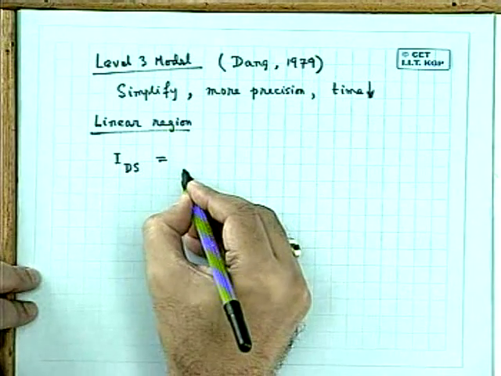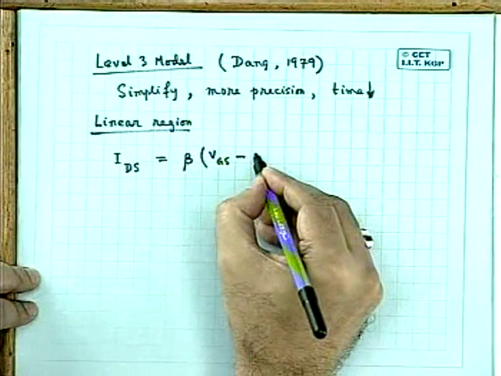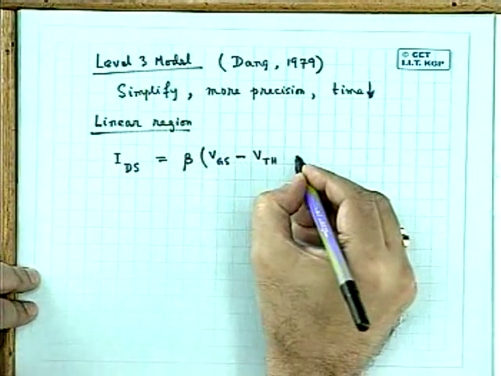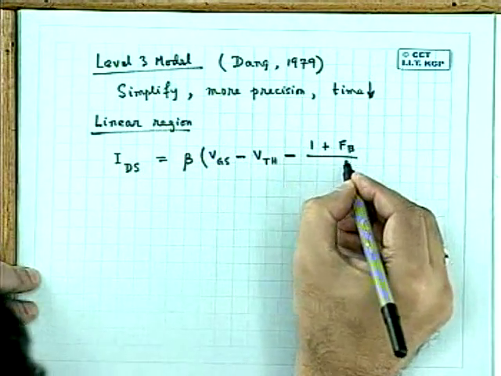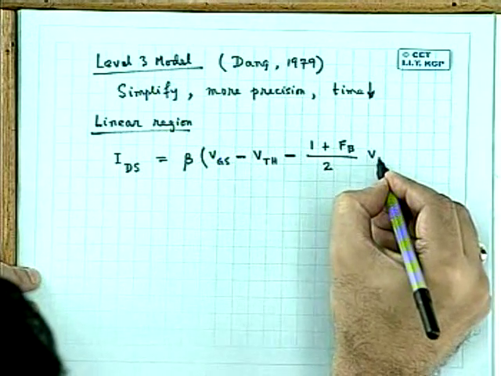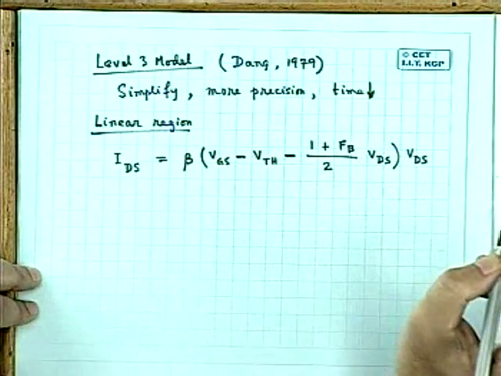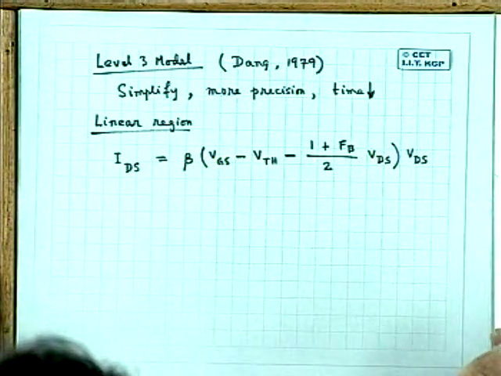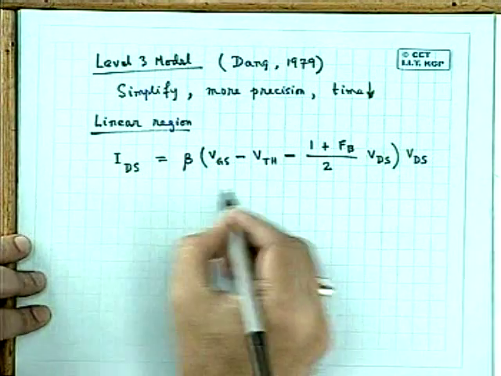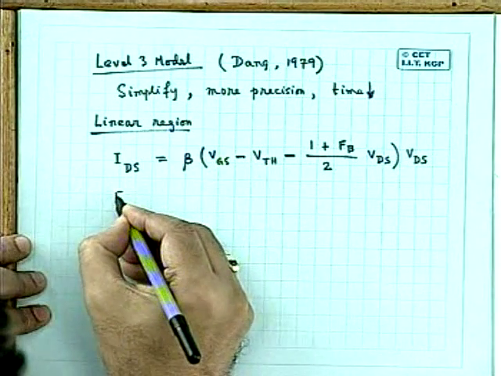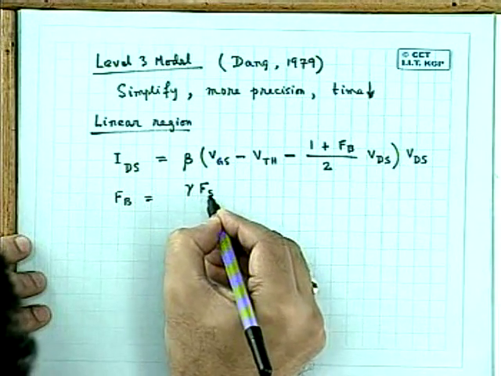IDS is beta into VGS minus VTH and so on; this is the equation they consider. You just see the equation is rather simple, where FB is equal to gamma Fs.